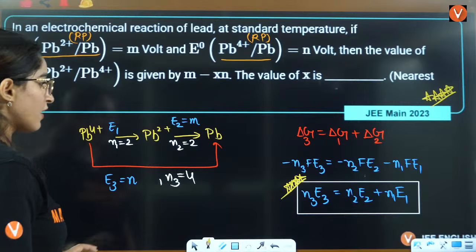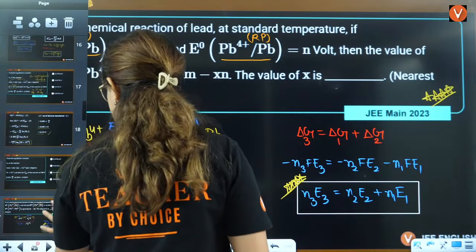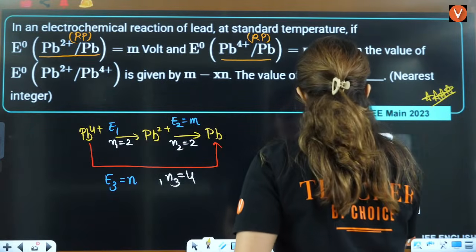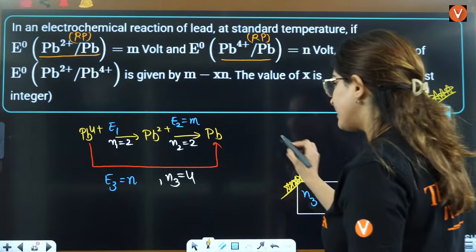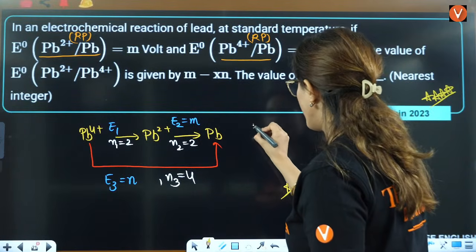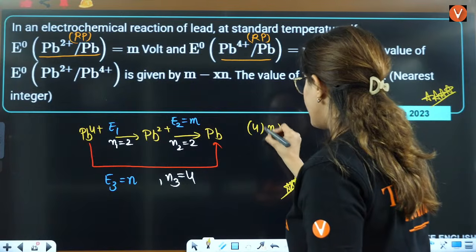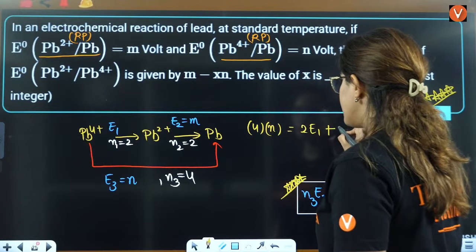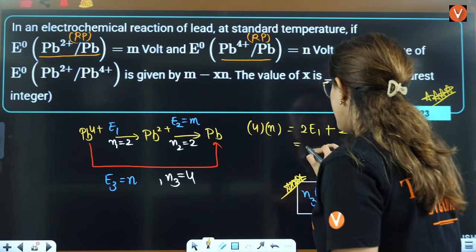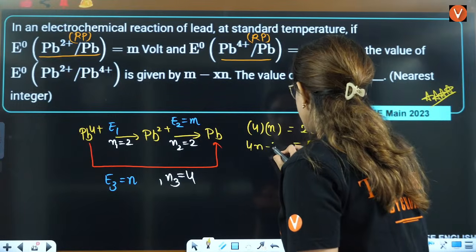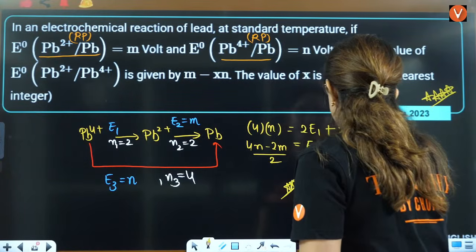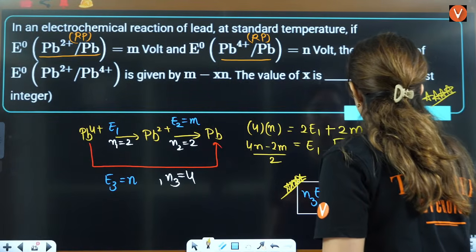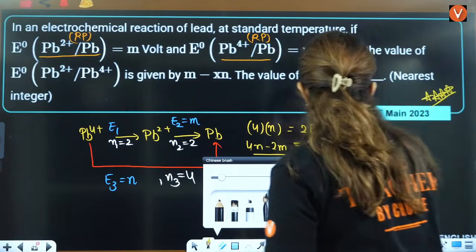When I put all the values here, n3 is 4, E3 is N, so it is 2 of E1 plus 2 of M. So E1 is going to be 4N minus 2M divided by 2, that is 2N minus M. That is the value of E1 here.